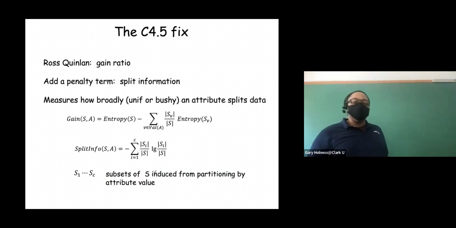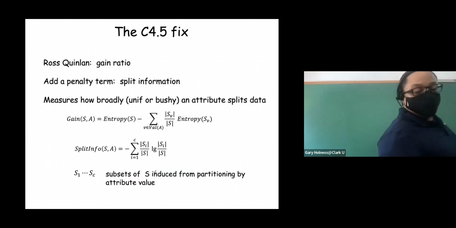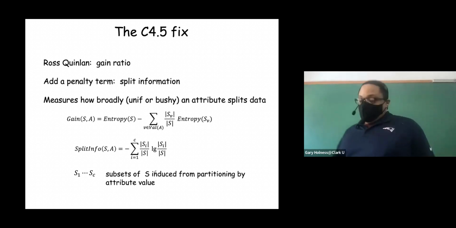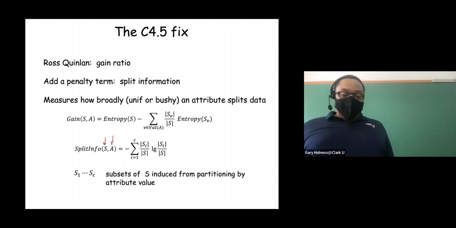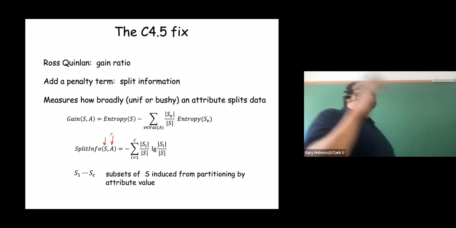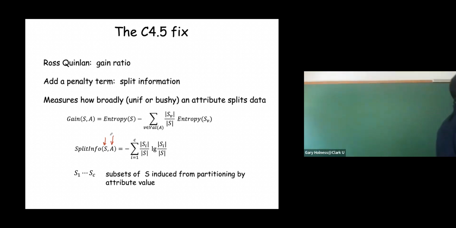And so there's something called the split information criteria. It takes as an input a set of data points and an attribute, and it computes what looks like the entropy of the resulting partitions when you have your attribute.